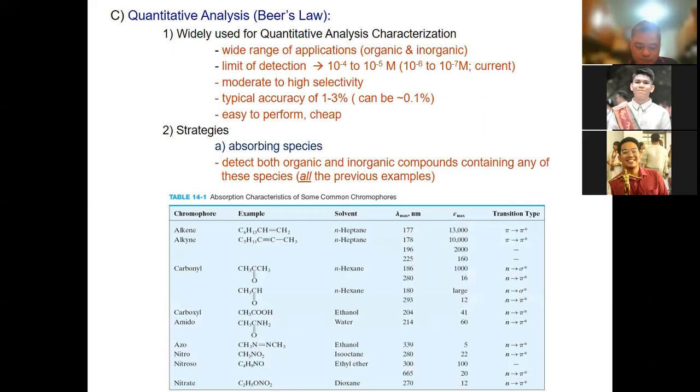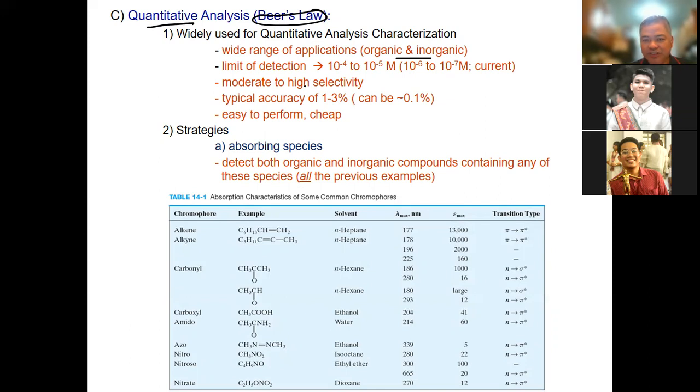Now, aside from qualitative analysis, I think the main application of absorbance is in quantitative analysis using Beer's law. Okay, so it is widely used for quantitative analysis and characterization. So it can be used both for organic and inorganic compounds.